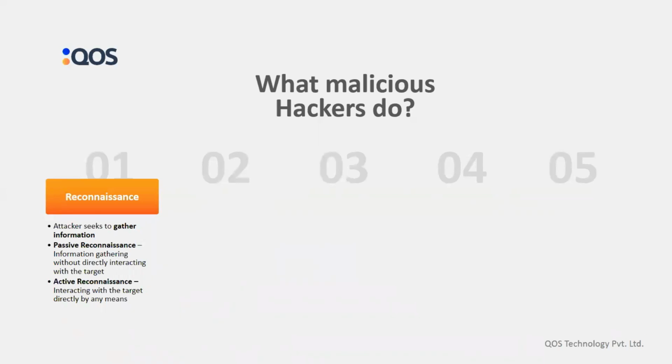So how does it happen? There are multiple tools out there on the internet. Some are commercial, and most of them are available as open source. Of course, tools will do the rest of the hard work for security professionals and also for malicious hackers. Let's see some examples for the reconnaissance phase.